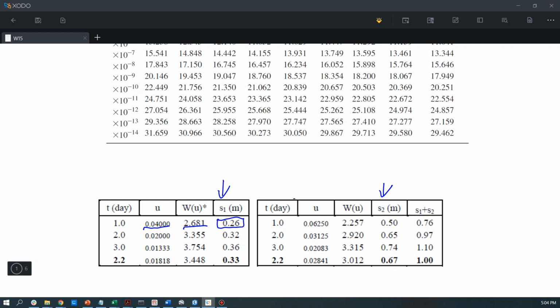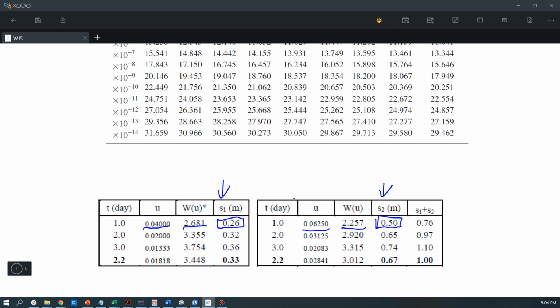Similarly, we do the same thing for well 2: you calculate u, get the well function value, then insert it back into the drawdown equation to calculate the drawdown for well 2. In this case, it's 0.5.